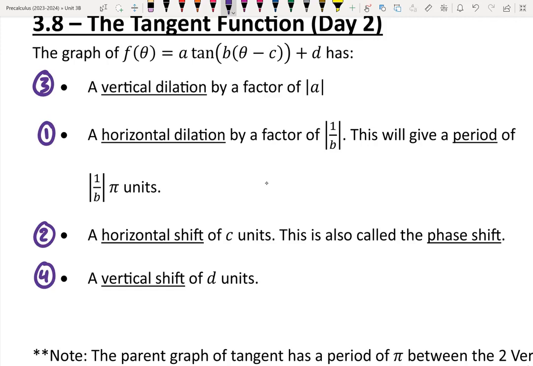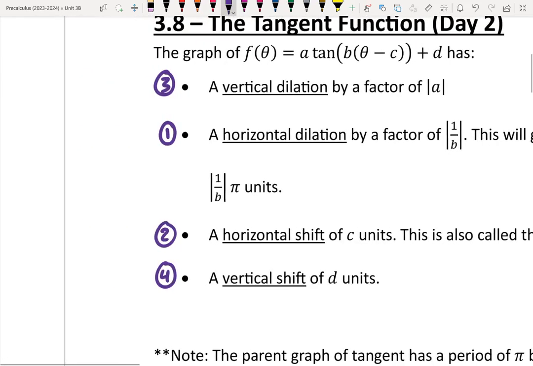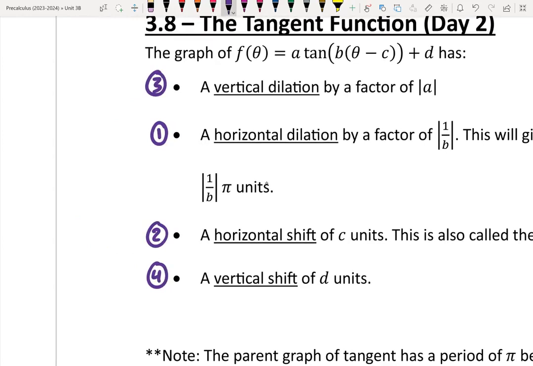So our horizontal dilation, we're going to be doing a factor of 1 over b, which is what we've been doing this whole time. We said yesterday that we're kind of relating sine and cosine. When we did horizontal dilation for sine and cosine, we did 2 pi over b.